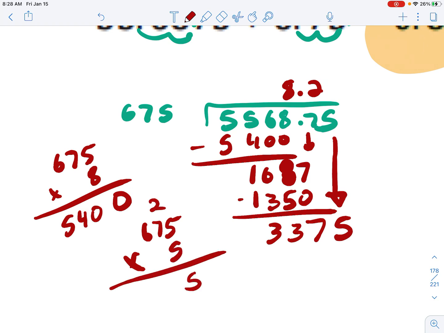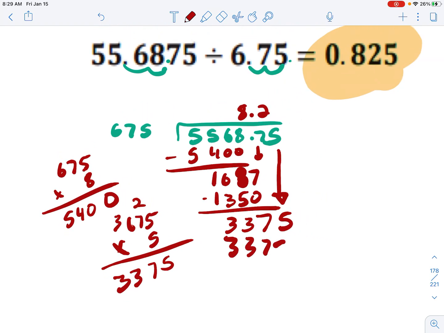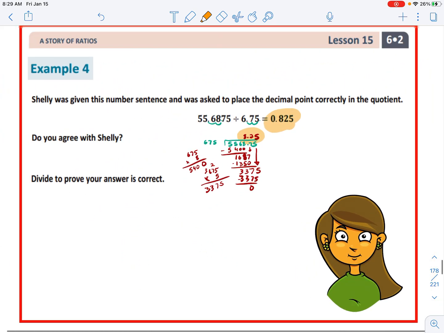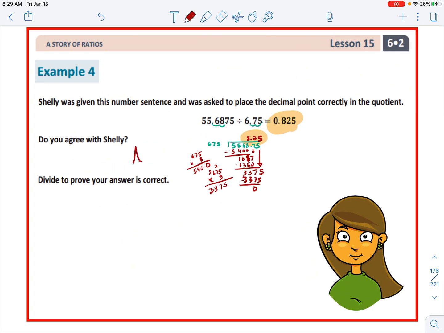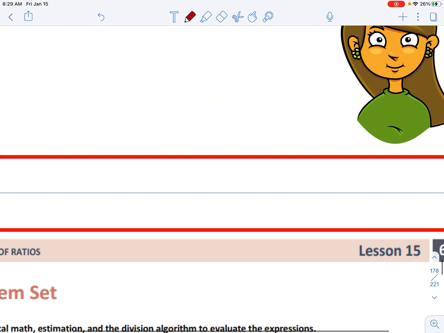Let's try 5 times. And look at that. It goes in evenly with no remainder. So my answer comes out to 8 25 hundredths. So do we agree with Shelly? We don't, because she had the correct numbers but had the decimal in the wrong place.